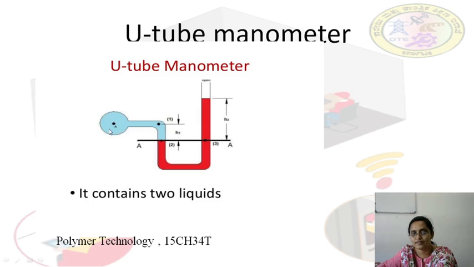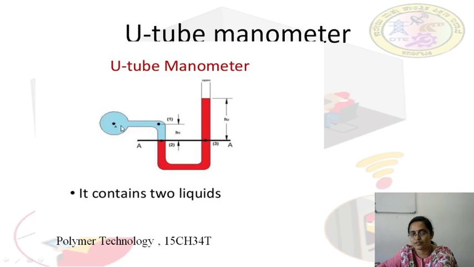Now we can see that due to pressure the manometric fluid has shifted, and we can read the height of the manometric fluid as H2 and the height of the liquid column up to the datum line as H1. This is a simple U-tube manometer.